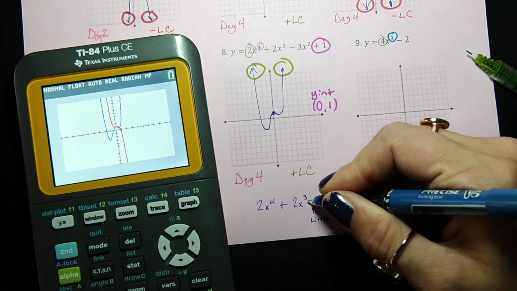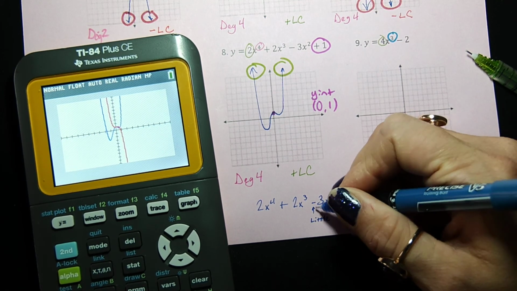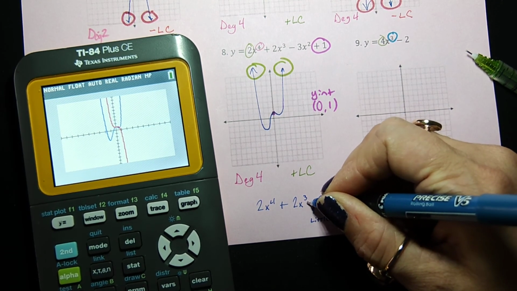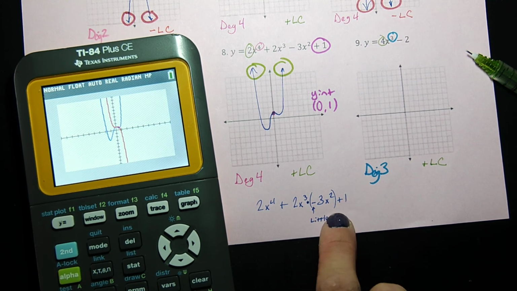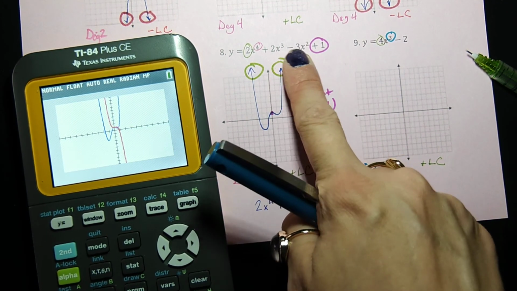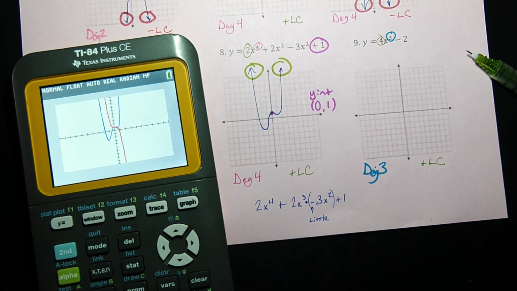You're taking the opposite of 3, or that's negative 3x squared, so you must want to multiply those. That's what your calculator has done with this problem, it is interpreting this as times a negative 3x squared instead of minus 3x squared. So the little negative means that is a negative number, and your calculator autofills the operation in as multiplication. So if you read it as minus, use the big minus sign.